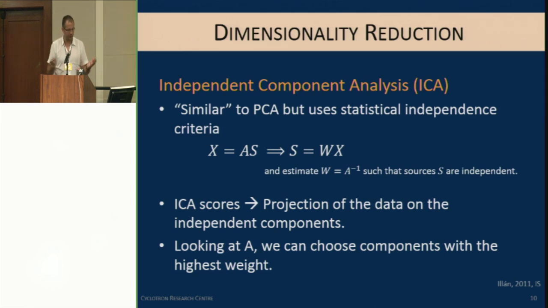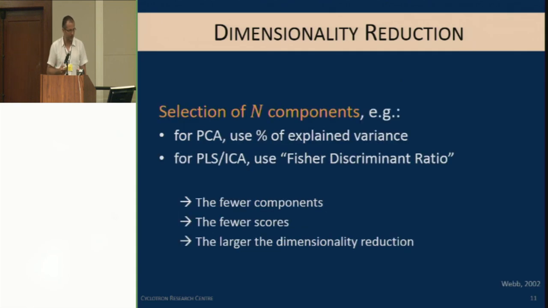So here we are cutting ourselves off from any localization of the part of the brain that is contributing most, because we explicitly assume that it is distributed, as we're working with only spatial components covering the whole image. And obviously what we want to do is keep as few components as possible. For PCA you can use the percentage of explained variance, and with PLS and ICA you can use a Fisher discriminant ratio. So the fewer the components, the fewer the scores, the larger the dimensionality reduction.